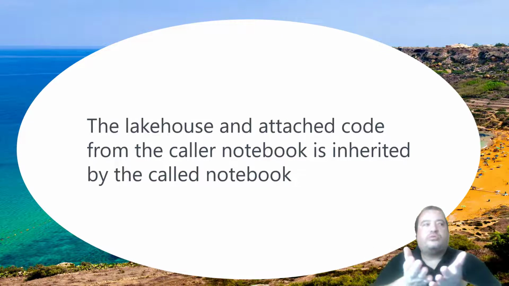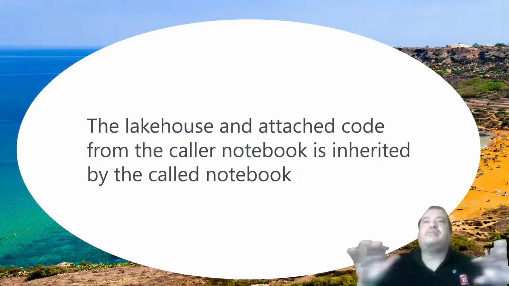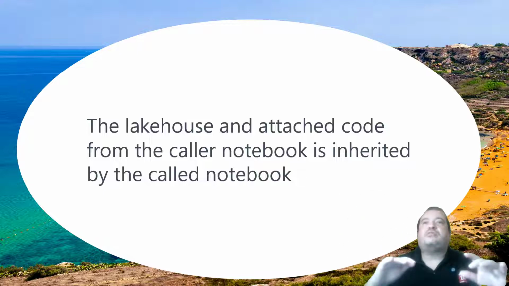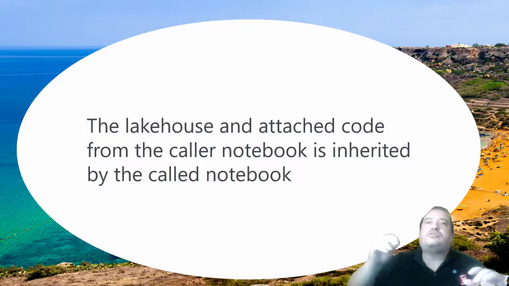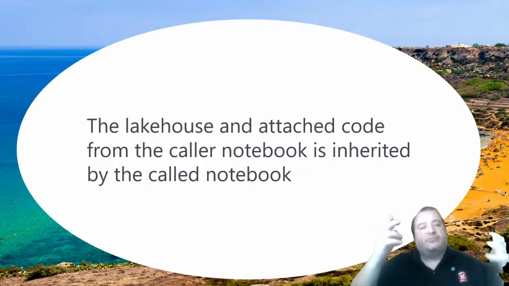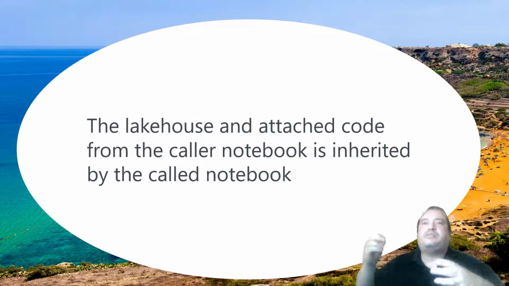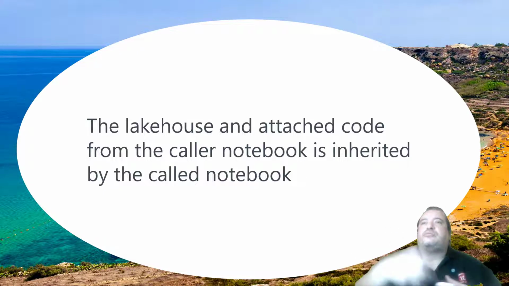So the notebook which is calling the others defines the environment. It defines over which Lakehouse the other ones will be executing, and if they will use any specific library attached to that. Only the first one defines the environment.